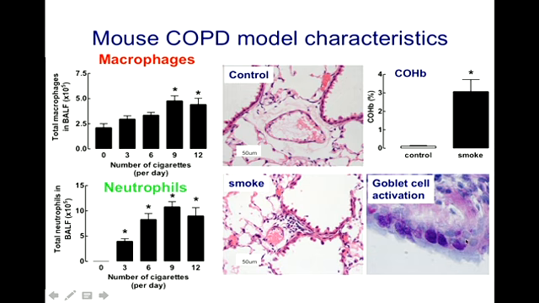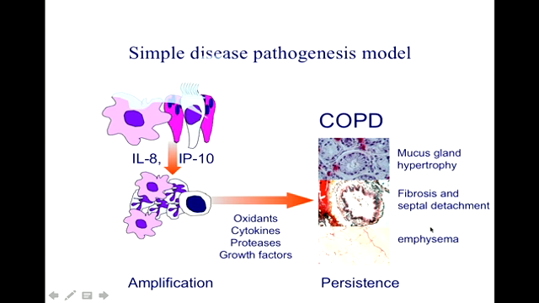And transdifferentiation of the epithelium away from ciliated towards mucus secreting. And so the simplest model of COPD pathogenesis is, as I mentioned, smoke causing inflammation, inflammatory cells which release oxidants, cytokines, proteases and growth factors and lead to these pathologies.